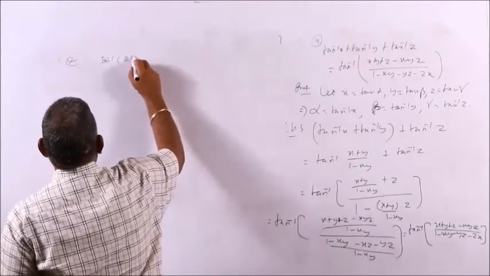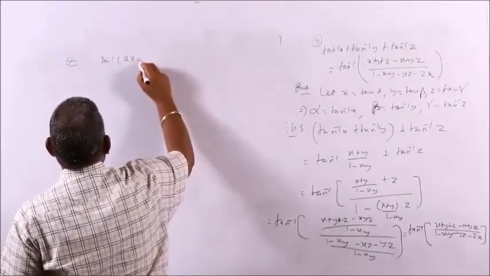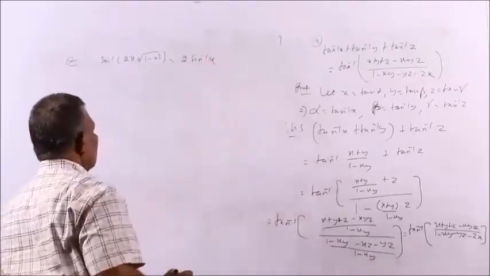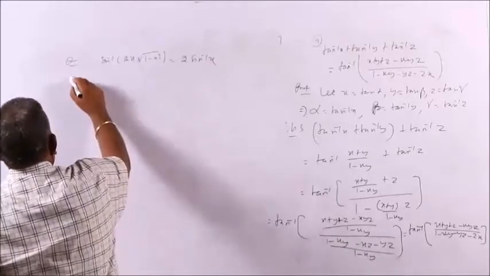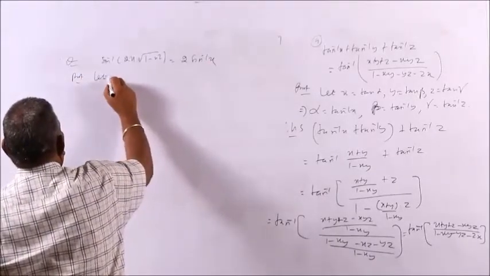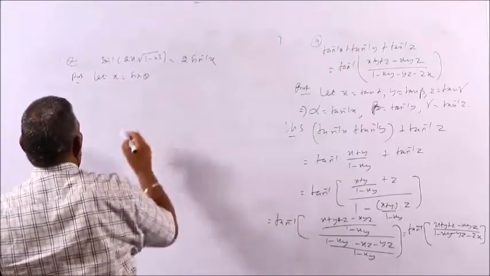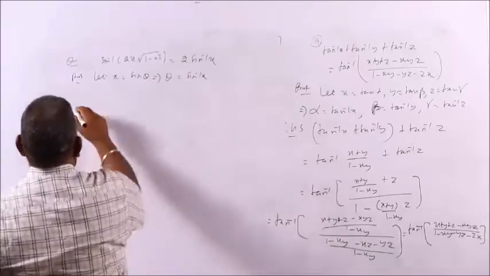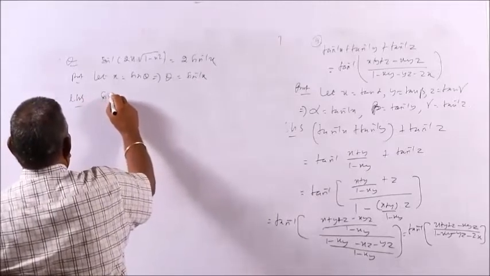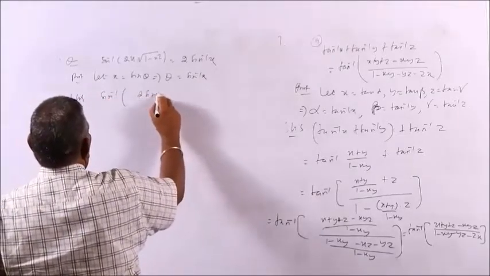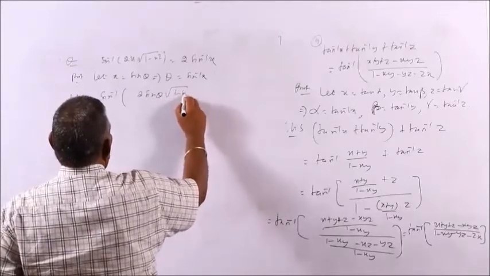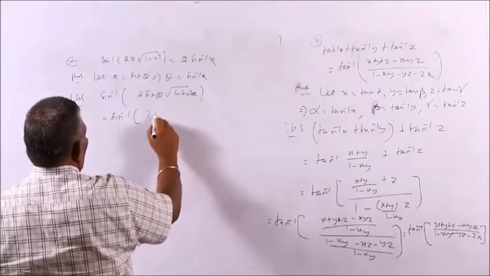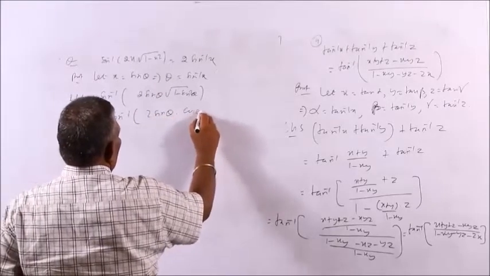Next is sin inverse of 2x times root of 1 minus x square equals 2 sin inverse x. Let x equal sin theta, which implies theta equals sin inverse x. So LHS will be sin inverse of 2 sin theta into root of 1 minus sin square theta, that is sin inverse of 2 sin theta into cos theta.